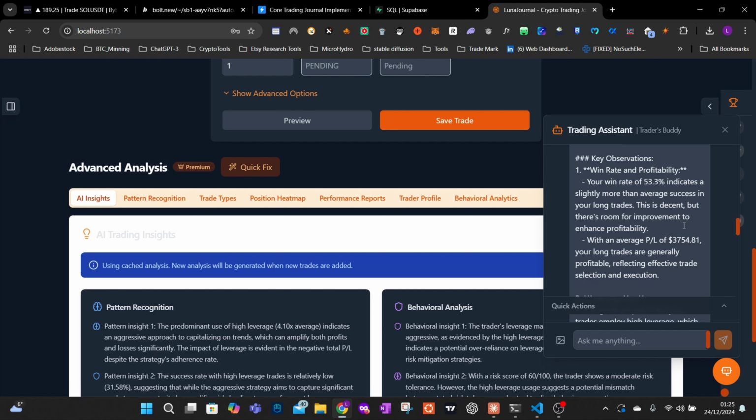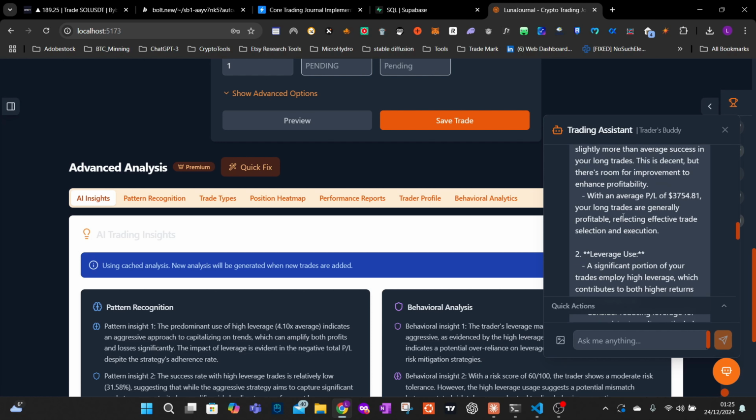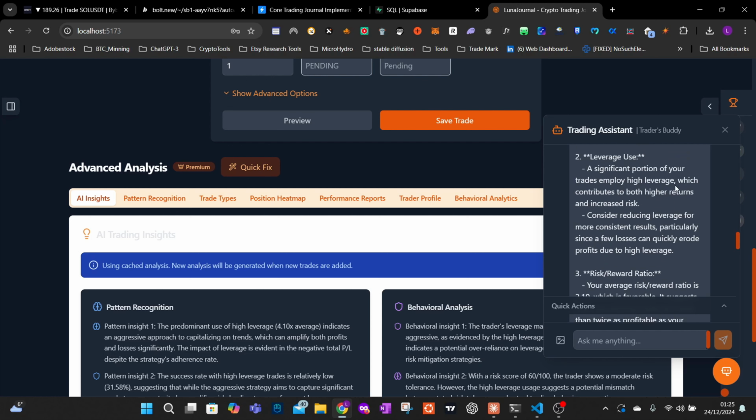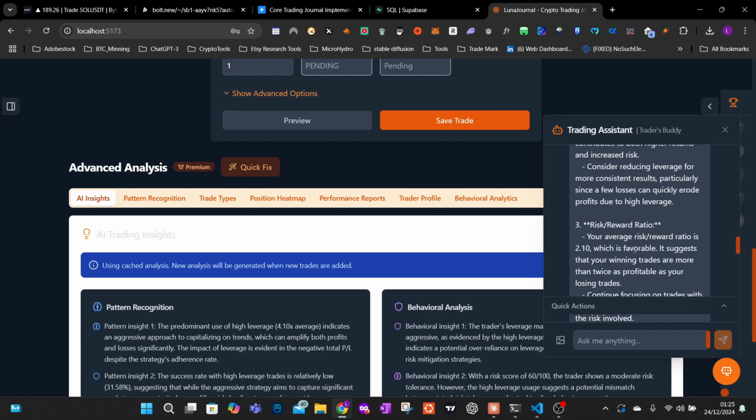It gives you some information. Looks at the leverage employed. Says consider reducing leverage for more consistent results, particularly since a few losses can quickly erode profits due to high leverage.